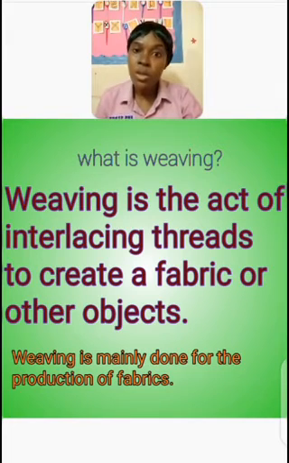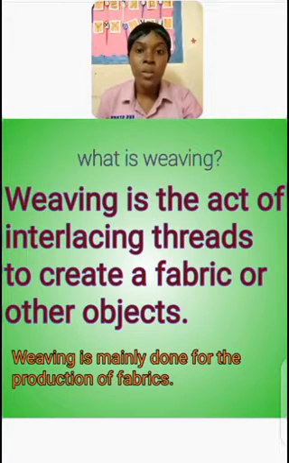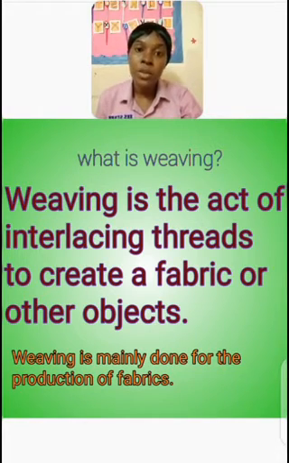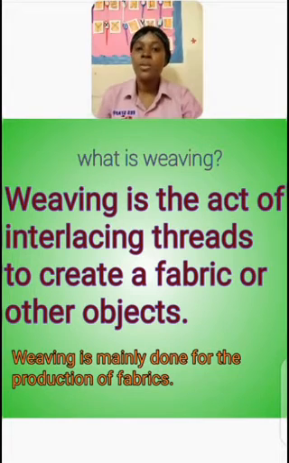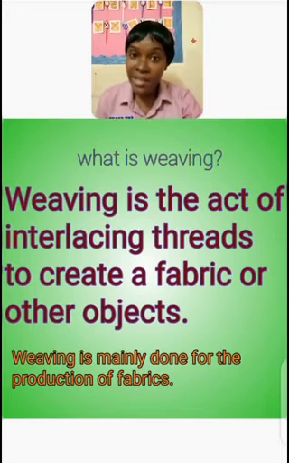But I want you to know that weaving is mainly done for the production of fabrics in the technical world, but in the art world it's seriously different because we have a lot of craftwork that are produced by the weaving method. So are we clear on that?